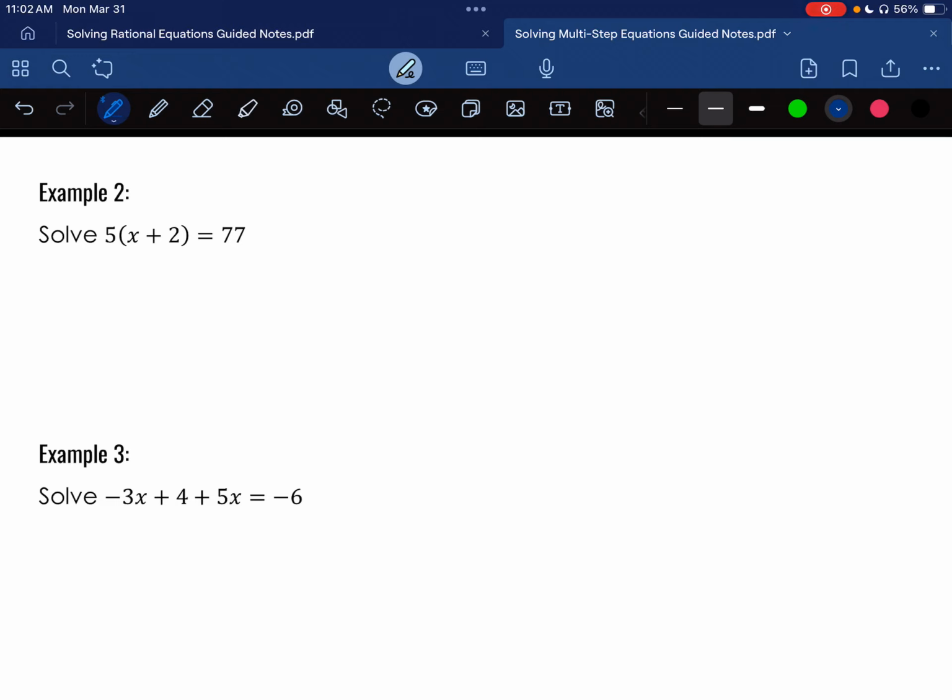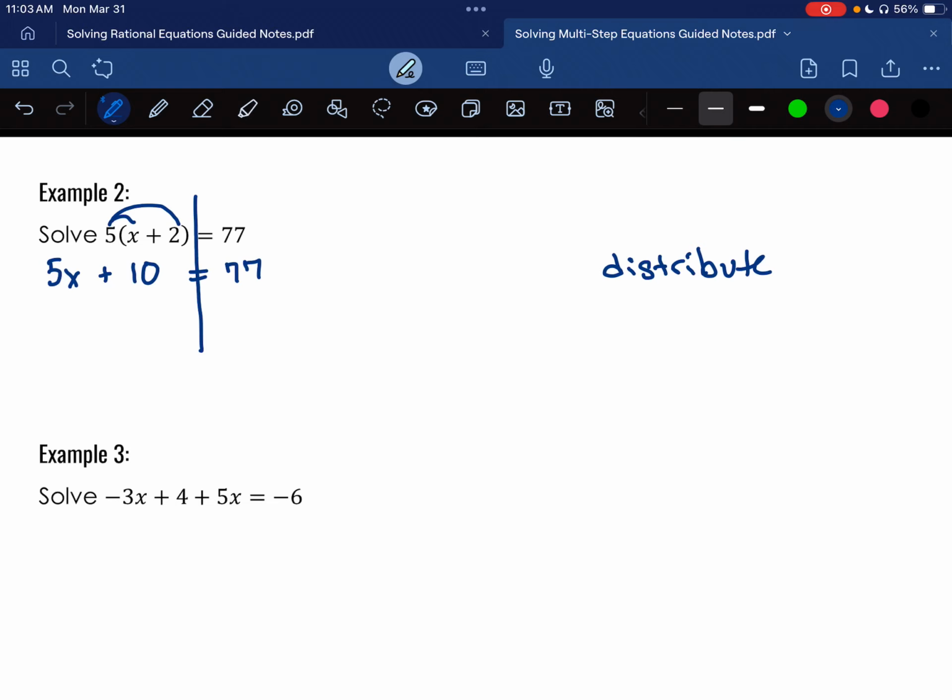So I go ahead and distribute. I draw arrows like so to demonstrate that 5 is getting multiplied by x and 5 is getting multiplied by 2. So I'm going to end up with 5x plus 10 is equal to 77. And if I'm annotating my work, all I did there was use the distributive property. So I put that I distributed.